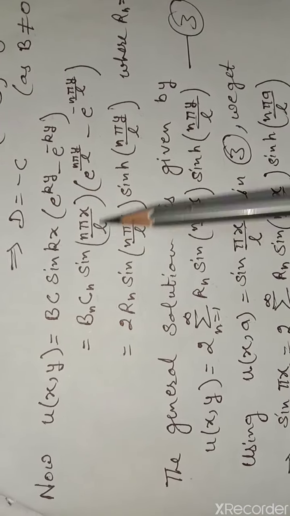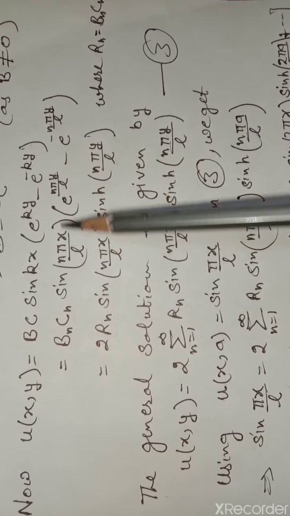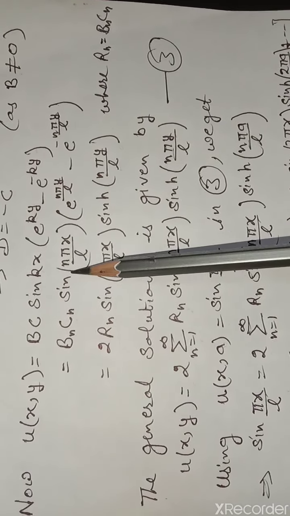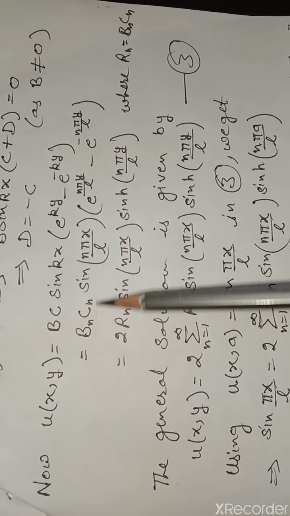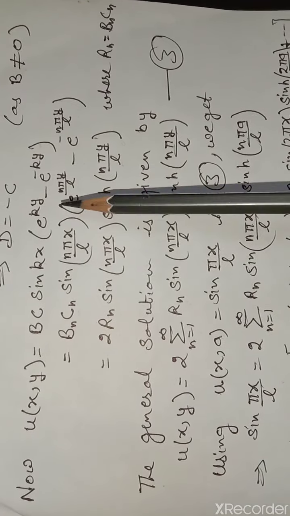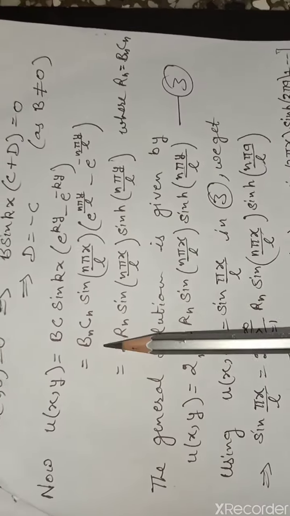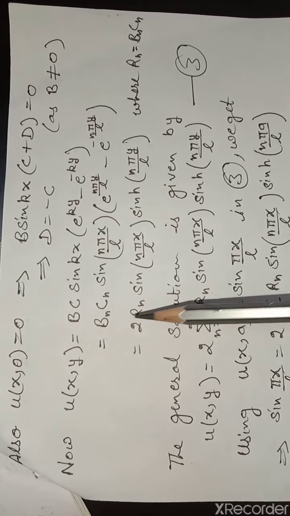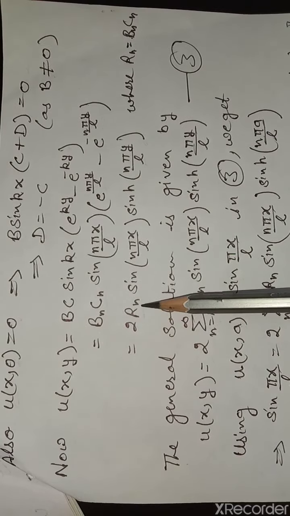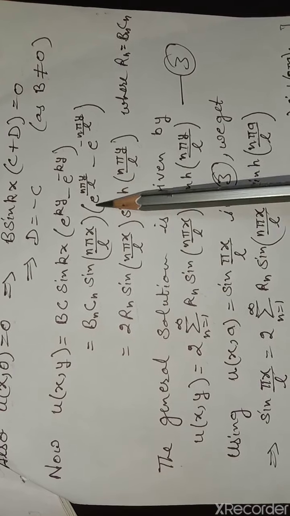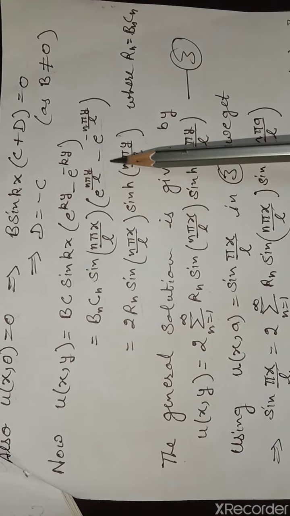So now we substitute the values of k, and corresponding to every value of n is 1, 2, 3, 4, so we write here bn cn. So corresponding to each value of n, we have a solution, and now we assume bn cn is nothing but Rn, and multiply this part by 2 and divide this part by 2.